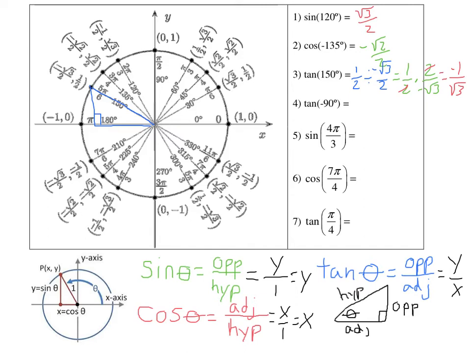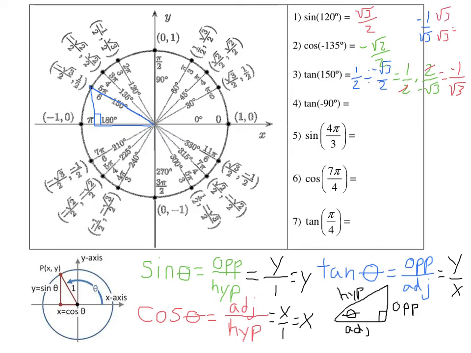Now, do you remember also something from geometry that we don't like square roots in the denominator? You might not remember that, but if you want to get rid of square roots in the denominator, you have to multiply top and bottom by the denominator. So I'm going to use this space right here. You're going to take negative 1 over square root 3, and I'm going to multiply it by square root of 3 over square root of 3.